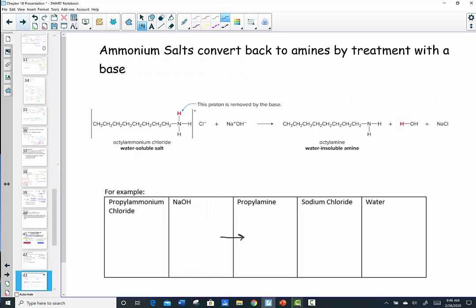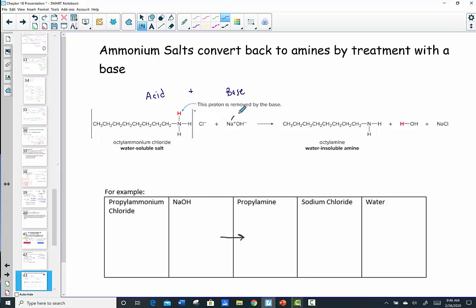These ammonium salts can convert back to their amines by treatment with a base. So really, we're just reversing the reaction in acid-base chemistry. So let's let the ammonium salt act as the acid and treat it with the base.